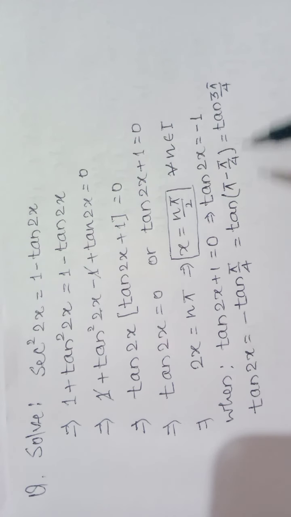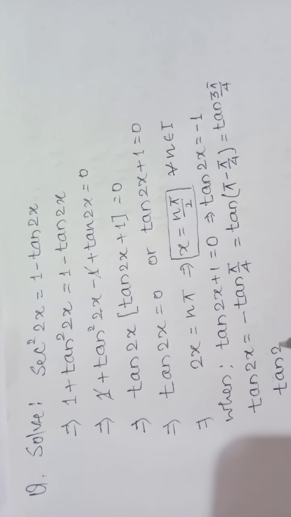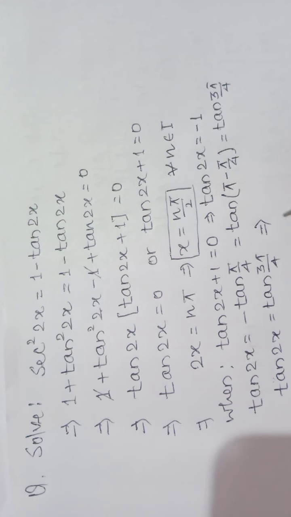So when tan 2x is equal to tan 3 pi by 4, its solution will be 2x is equal to n pi plus 3 pi by 4, according to the formula: tan theta is equal to tan alpha, then theta is equal to n pi plus alpha, where n belongs to I. I means integers.